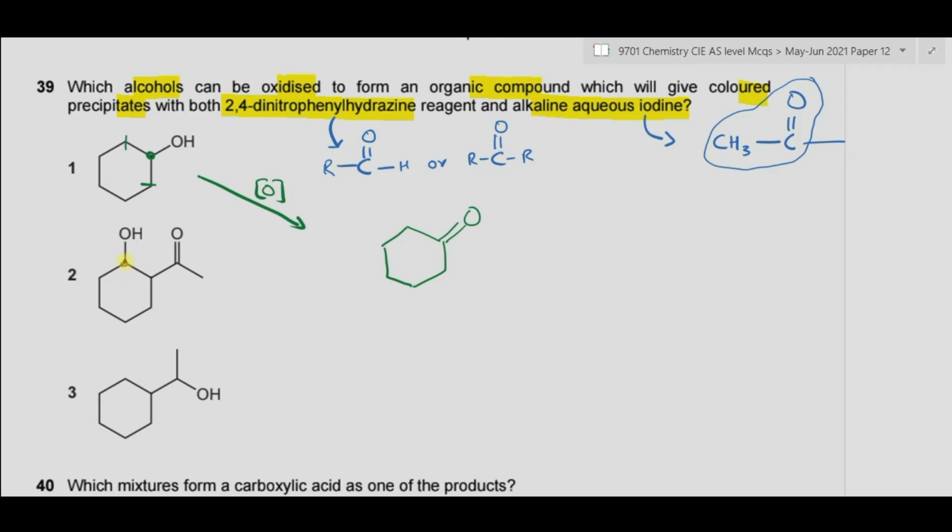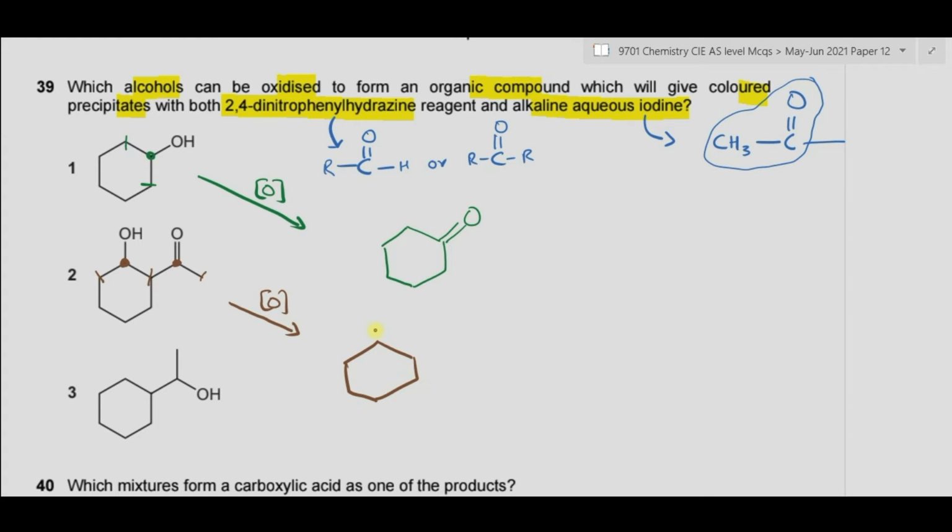In second part we have secondary alcohol, because this carbon is directly attached to 2 other carbon atoms. We also have a ketone, as this carbon is attached to 2 alkyl groups. So upon oxidation, ketone is not affected. Secondary alcohol will convert into ketone.